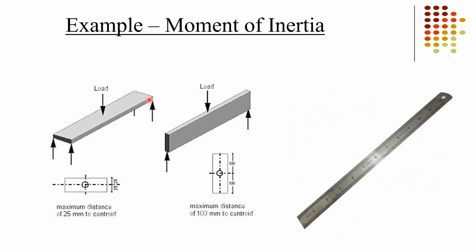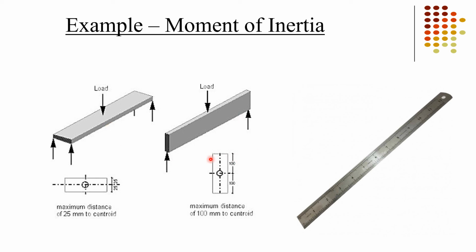Here is an example of moment of inertia. For example, here steel ruler or steel scale I have shown. If you put the steel scale in this way, then you will get more deformations. You can try at home, at your university or school, etc. When you have a scale and you have put it in this direction, you will apply the load at the center of the scale, you will see the large deformations.